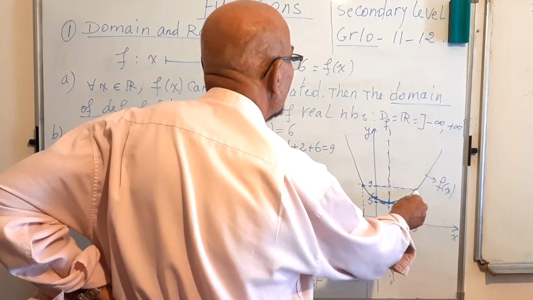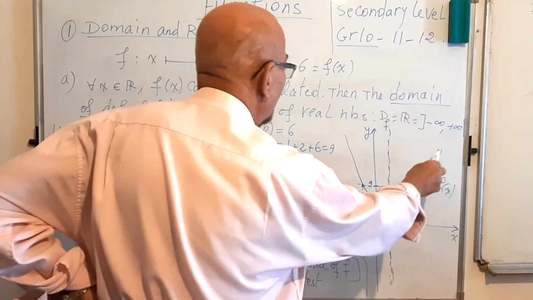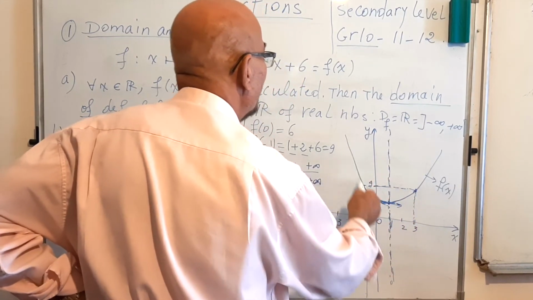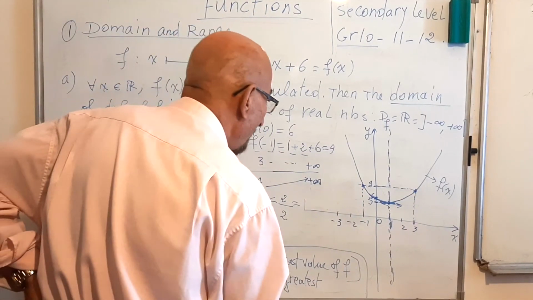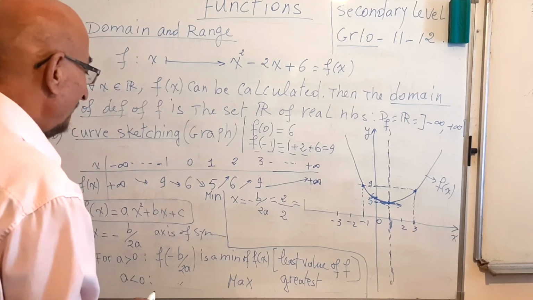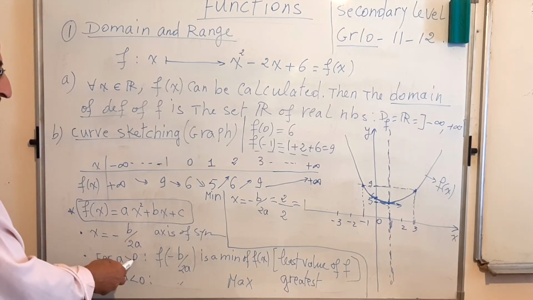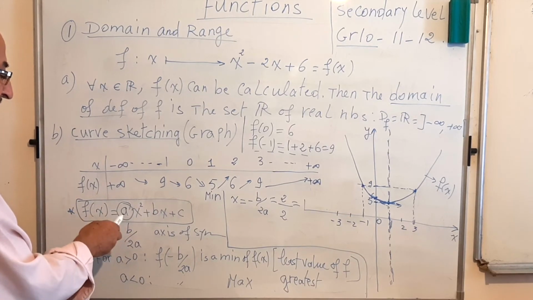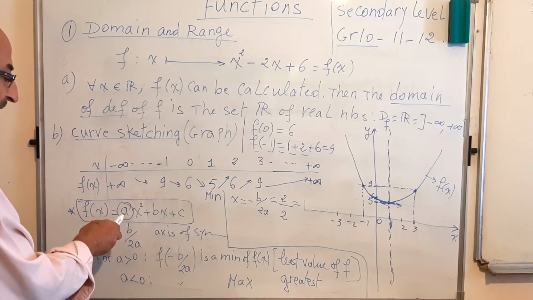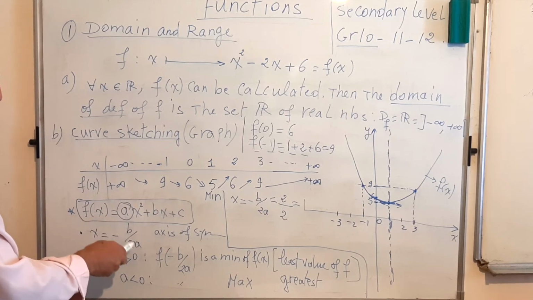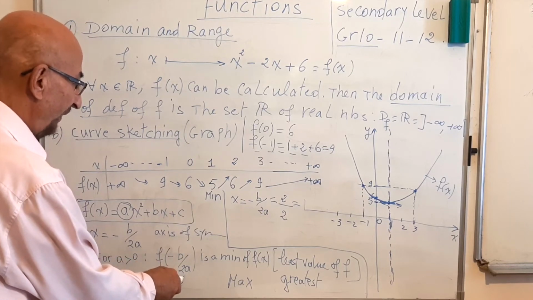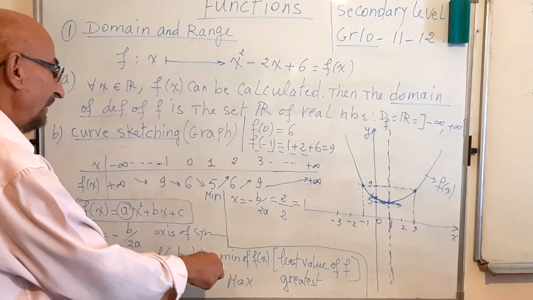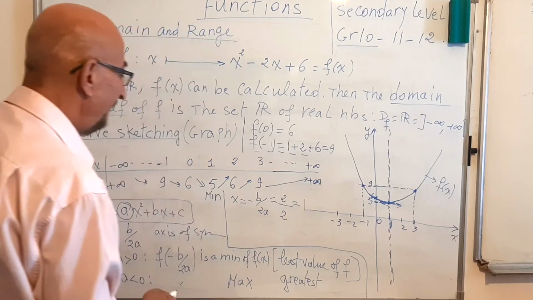Every point on the curve has a symmetric point that belongs to the same curve. For a positive, we have two cases. For a positive, f of minus b over 2a is a minimum of f of x, the least value of f.